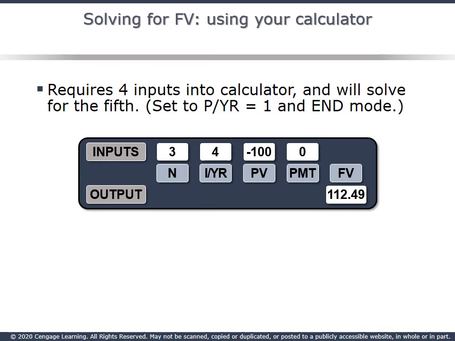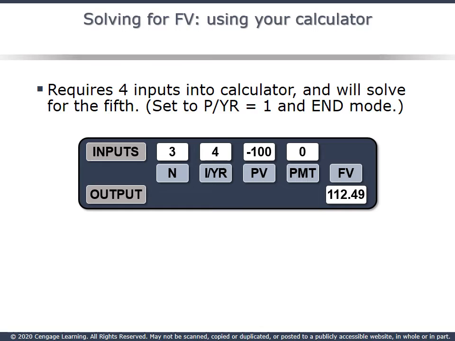In this problem, there are no payments. The button called payment on your calculator is for an annuity problem, and we'll be solving that in our next section. But for the time being, we're looking at a lump sum. So the payment button will be 0.